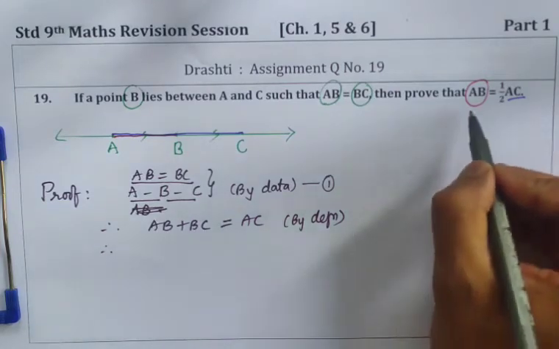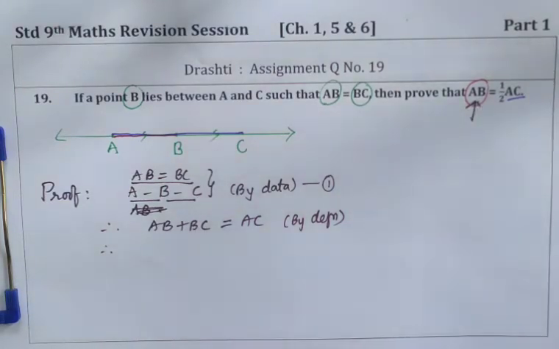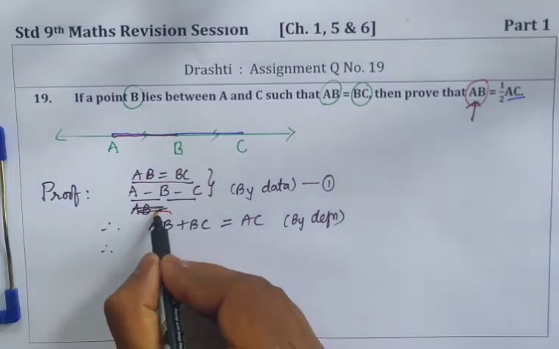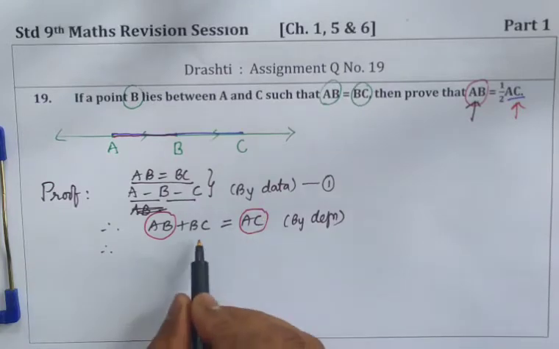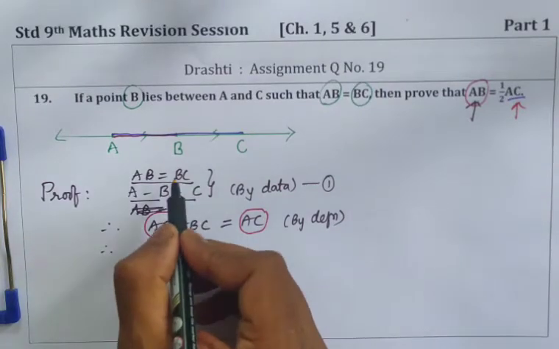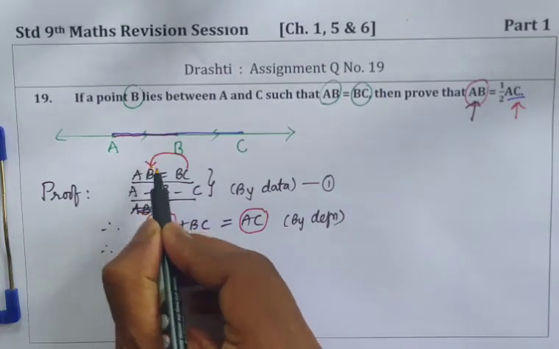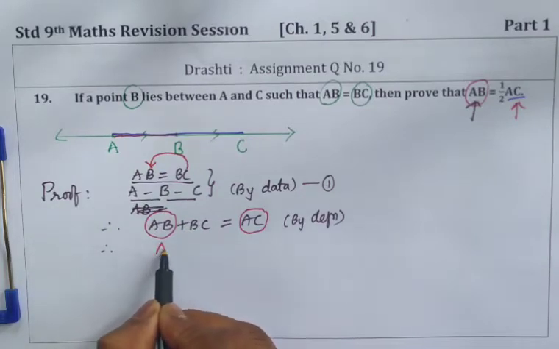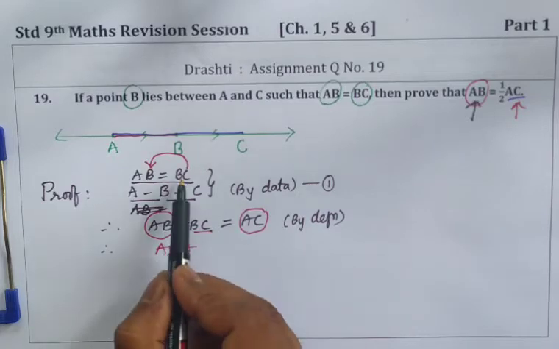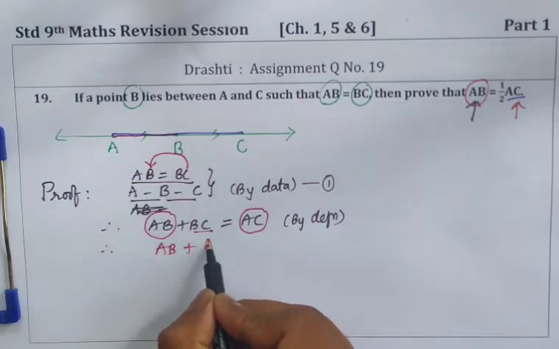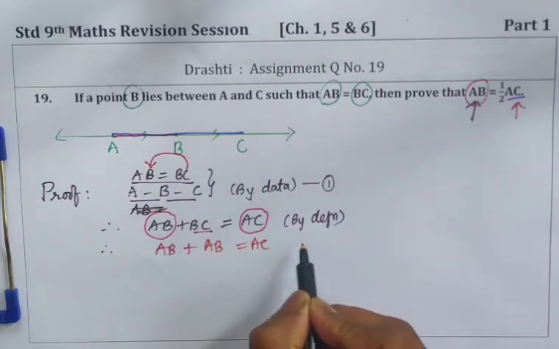Now look here, you need AB, correct? You need AB, and you need AC, so you'll have to keep AC also. We don't want BC. So in place of BC put AB. Therefore, AB plus, now it's time to write BC, but I'm going to substitute BC as AB, is equal to AC.